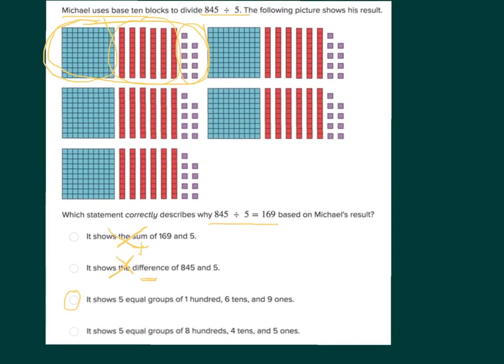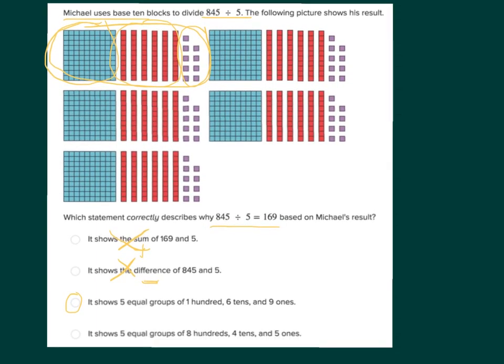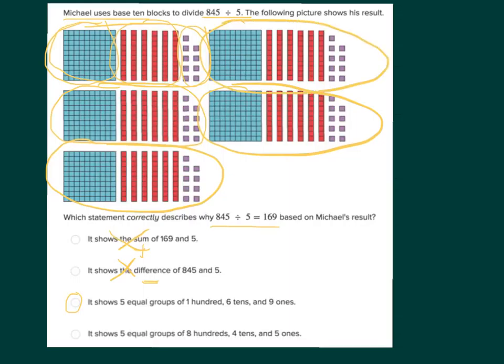It shows 5 equal groups of 800s. Well, there's not 5 equal groups of 800s. There are 5 equal groups of 169. There's that first one. There's another group of 169, third group, fourth group, 5 groups of 169. And if you add those all up, that equals 845. So the correct answer is just the third choice.